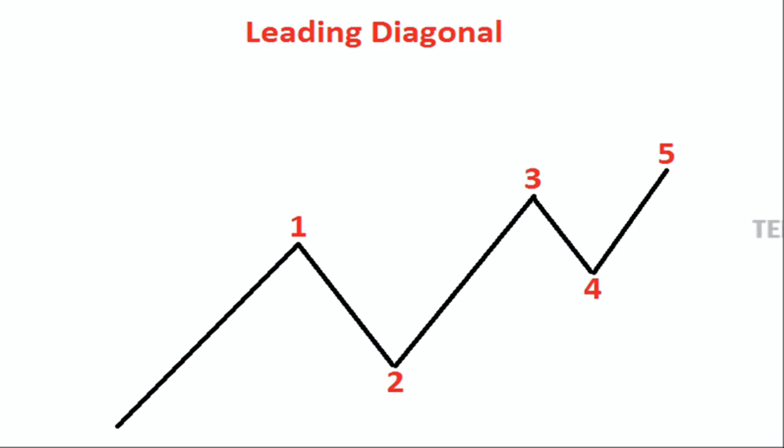If this pattern occurs in wave A, then we expect wave C formed after it to have a Fibonacci ratio greater than 100% of wave A. In this pattern, wave 5 cannot be shortened in any way.